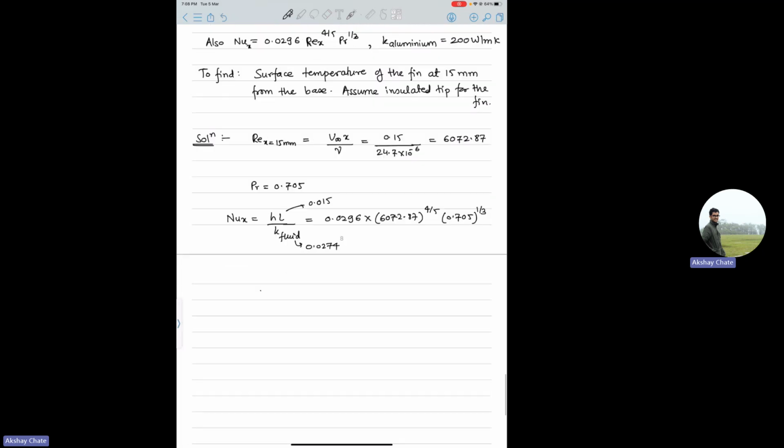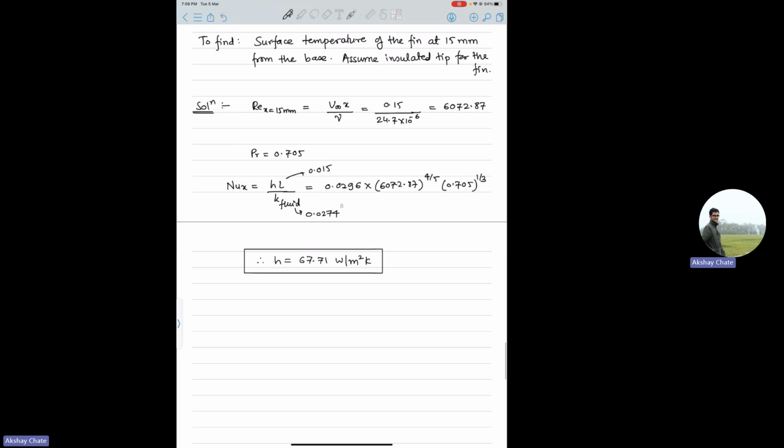If you put all those things, you get the h value as 67.7 watt per meter square Kelvin. So this is the new part. Otherwise, after this, everything is the same as what we already did for fins.